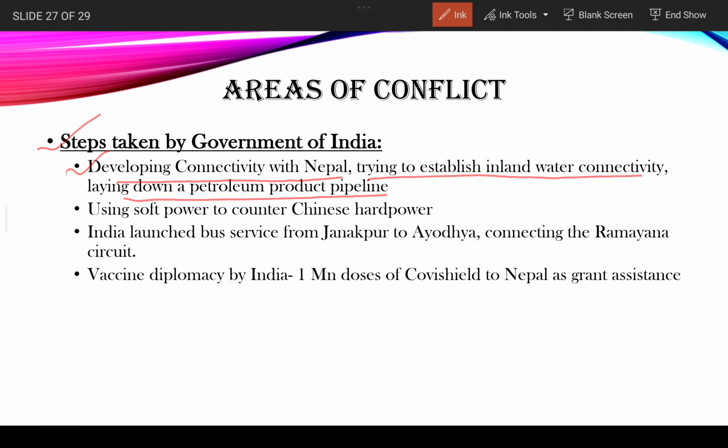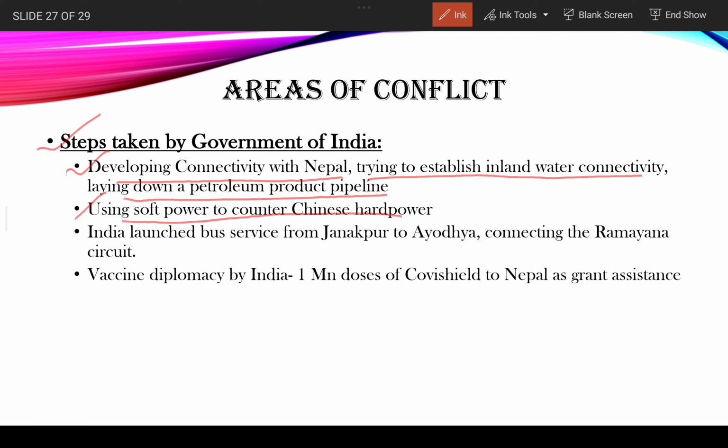Examples of water connectivity, rail connectivity, and the petroleum pipeline made between the two countries, which is going to be the first of its kind in the Asian region. You can take these examples from that topic of areas of cooperation in terms of connectivity.